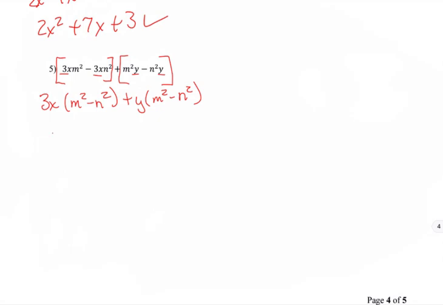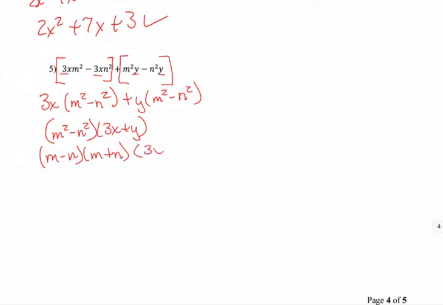I pull out the m squared minus n squared, and I'm left with 3x plus y. I factor the m squared minus n squared into m minus n times m plus n, and I'm left with the 3x plus y.